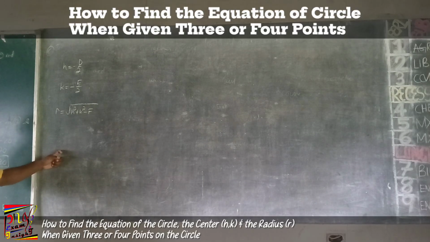Is that clear? Just by looking at the general form, you can go ahead and have all those.